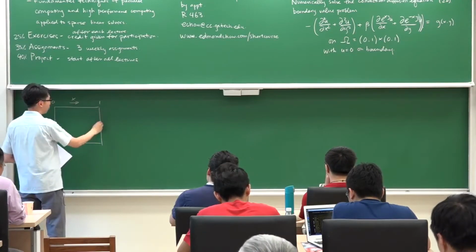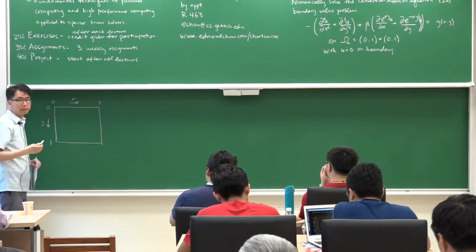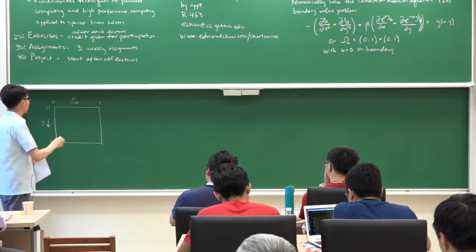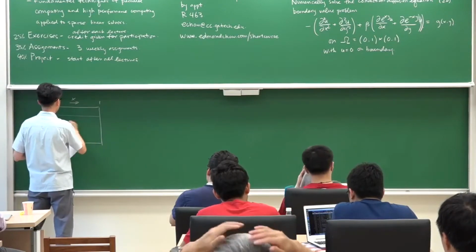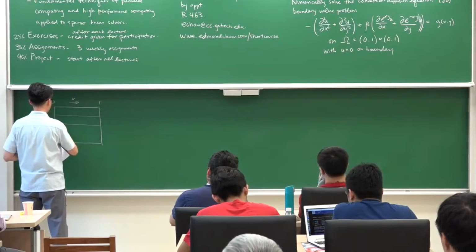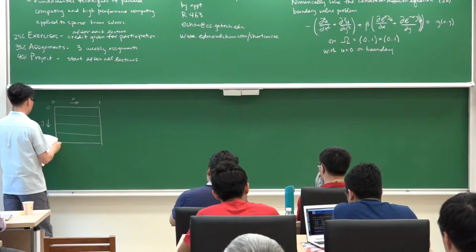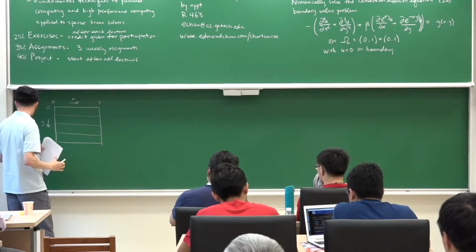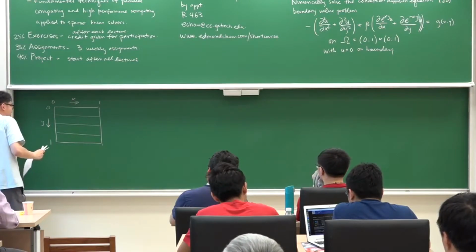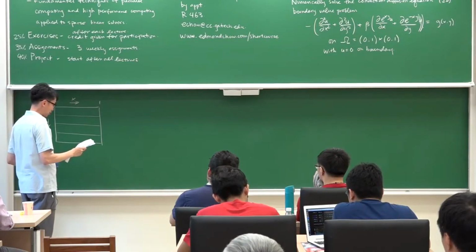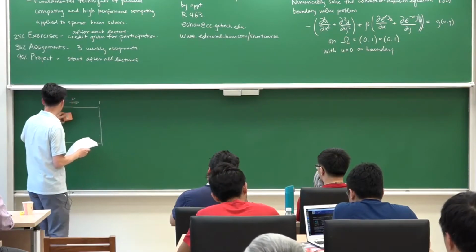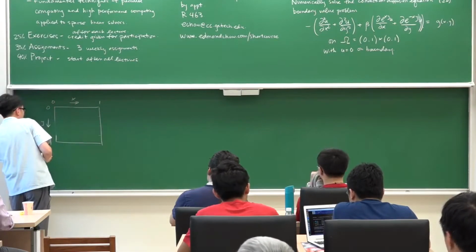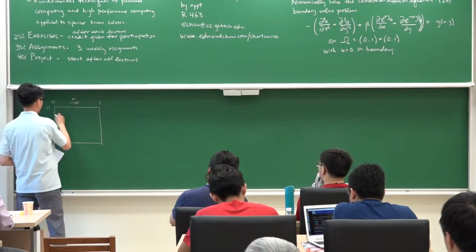So we have a value of 0 for the variable u along the boundary, and I'm going to choose a discretization. And that's not the one I wanted to choose. I want to choose a 4x4 mesh of unknowns.